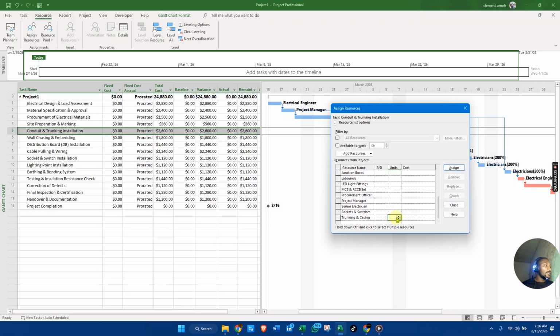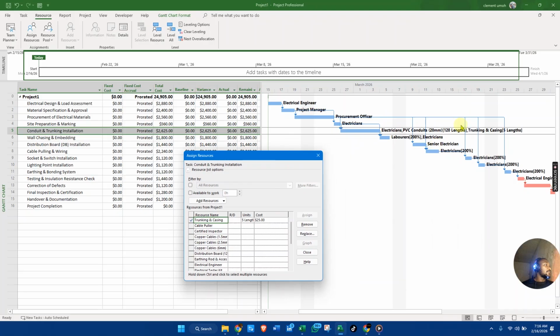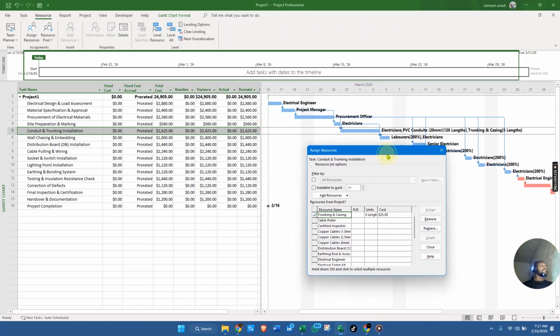Add 5, assign. So looking at this dialog box, this is what is already assigned to this particular conduit and plug installation. We have our 20 mm PVC pipe, 120 length. We have our trunking and casting, 5 length. You guys are seeing the whole picture.